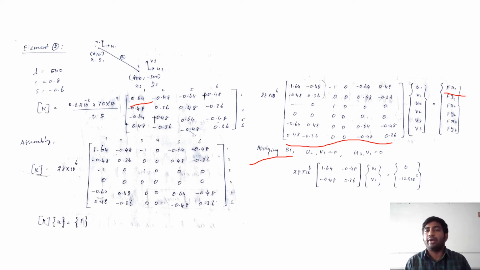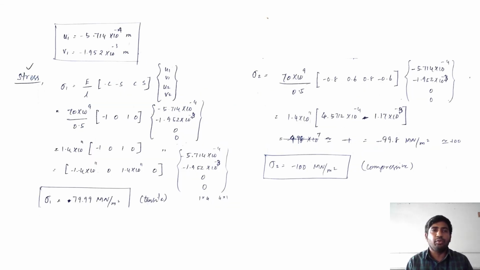It reduces the matrix size: the 6 cross 6 matrix is reduced into 2 cross 2. After that, by equating this formula, we can calculate the u1 and v1 values.